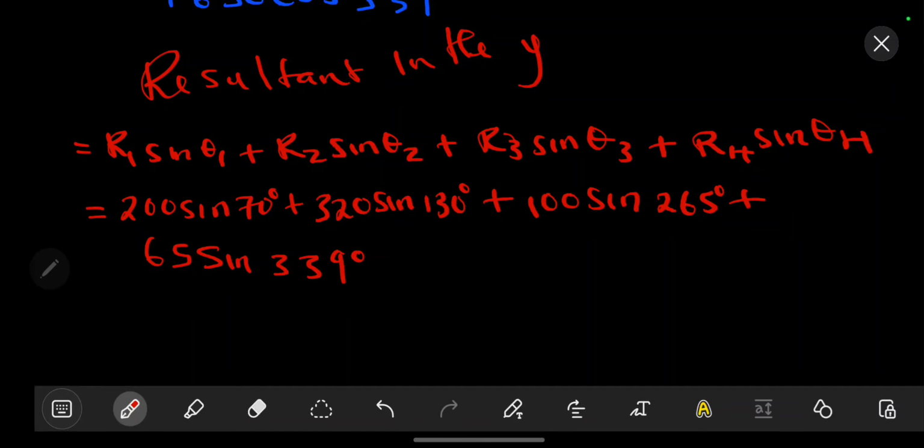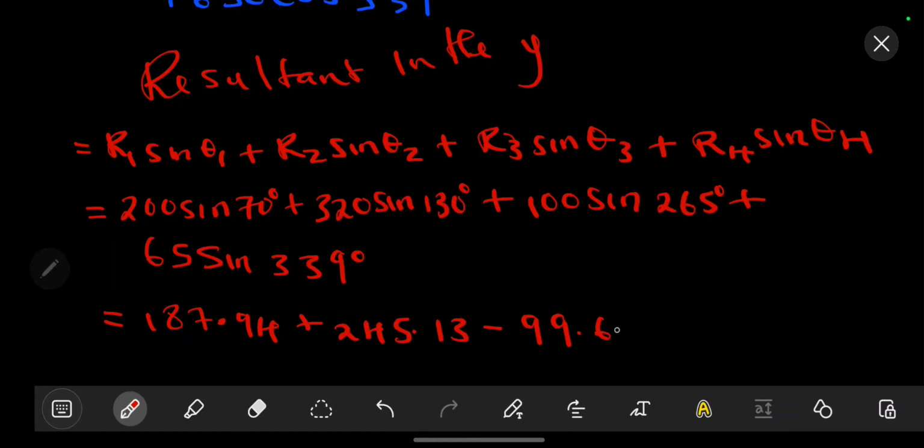So when we press on the calculator, 200 sine of 70, we are getting 187.94. Then we have plus our 320 sine of 130, it's giving us 245.13. Then 100 sine of 265 gives us a negative 99.62.